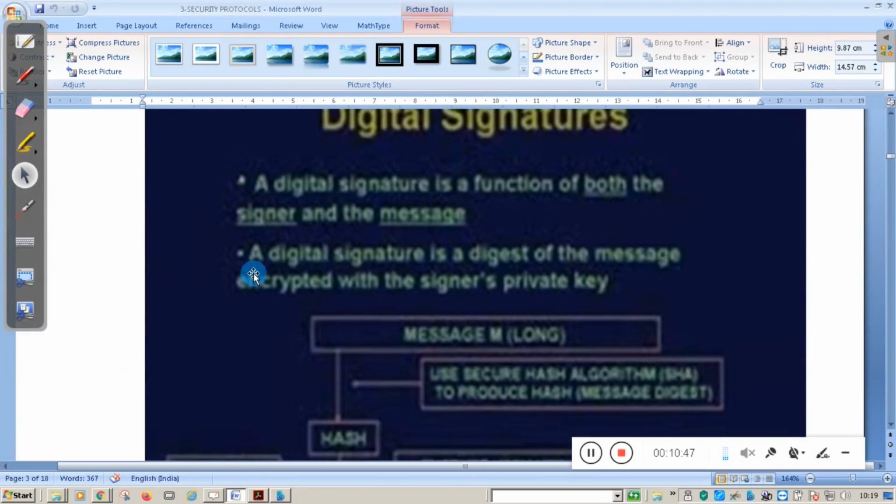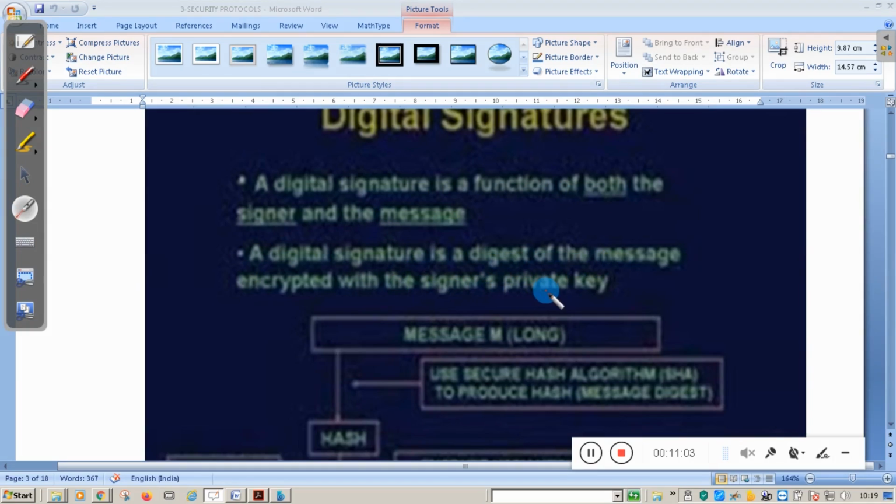So a digital signature is a function of both signer and the message. Please remember, a digital signature is a function of both signer and the message. A digital signature is a digest of the message encrypted with the signer's private key.